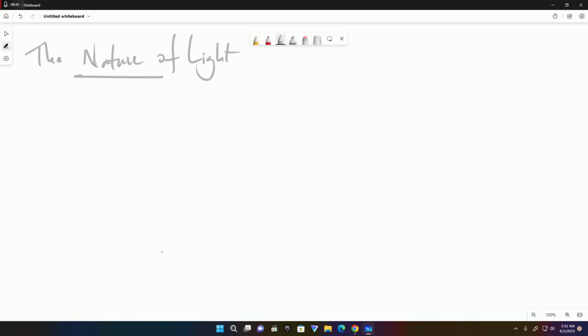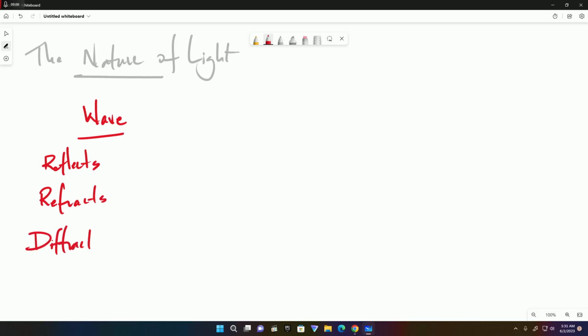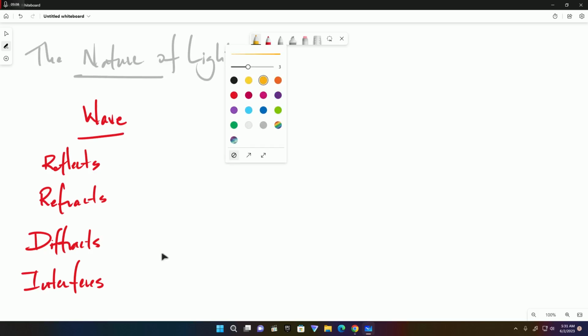So, light clearly is a wave, right? How do we know this? Well, we have reflection. It reflects. It refracts. It diffracts. And it interferes. Who proved this?